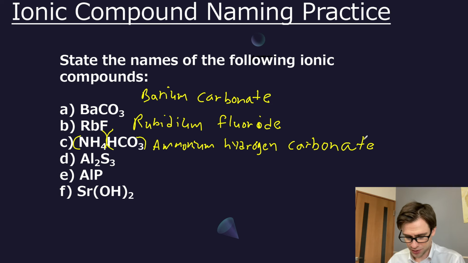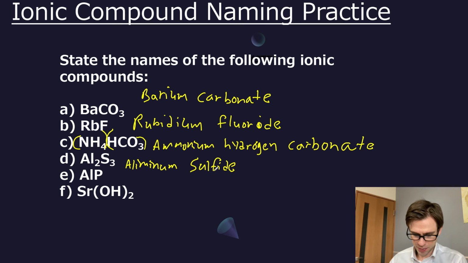Next, D, Al2S3. This will be an aluminum compound. Its name doesn't change. If you're in Europe, you might call this aluminium. That's fine. Aluminum sulfide. IDE suffix for that anion.